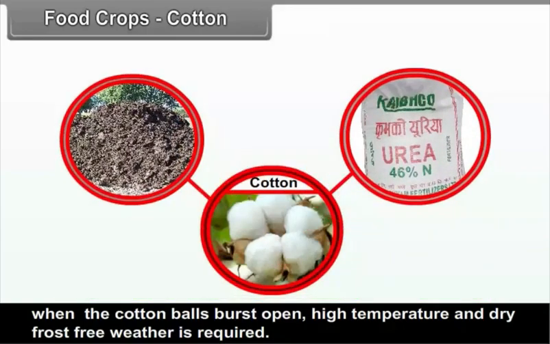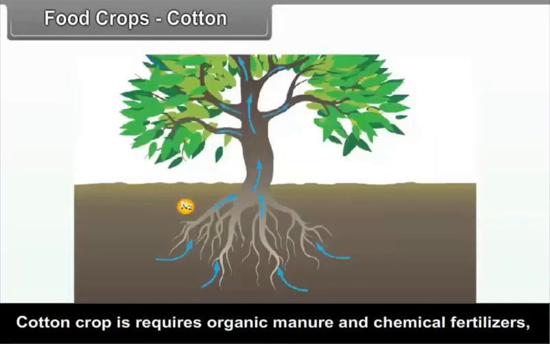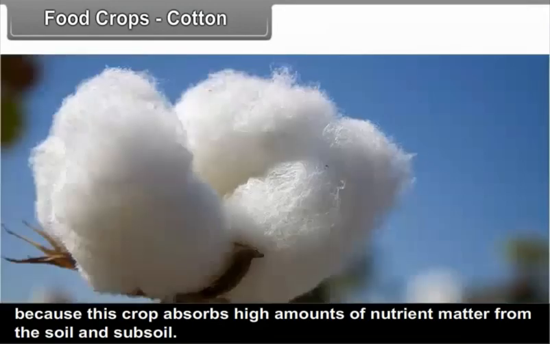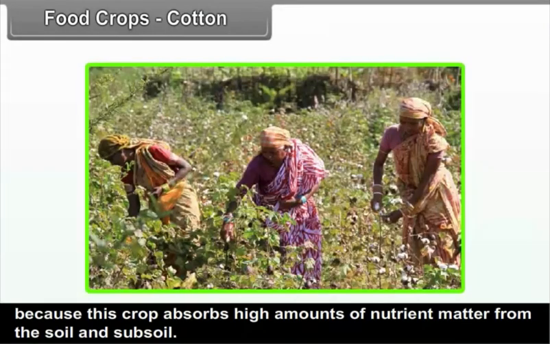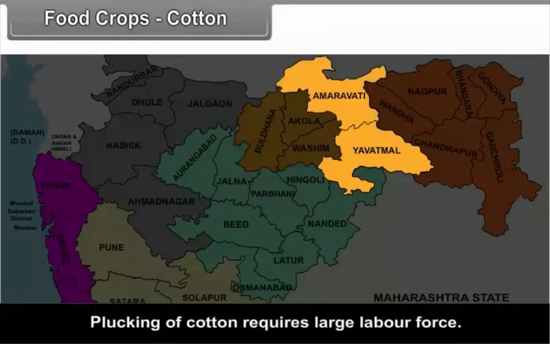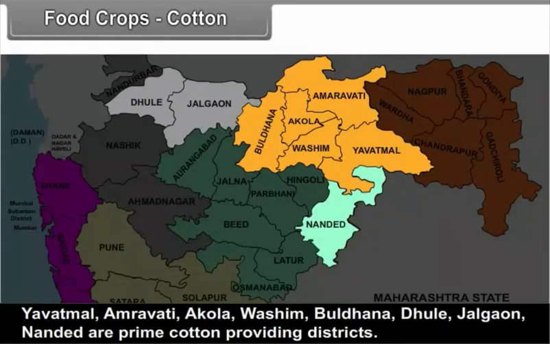Cotton crop requires organic manure and chemical fertilizers because this crop absorbs high amounts of nutrient matter from the soil and subsoil. Plucking of cotton requires large labor force. Yavatmal, Amravati, Akola, Vashim, Buldhana, Dhule, Jalgaon, Nanded are prime cotton providing districts.